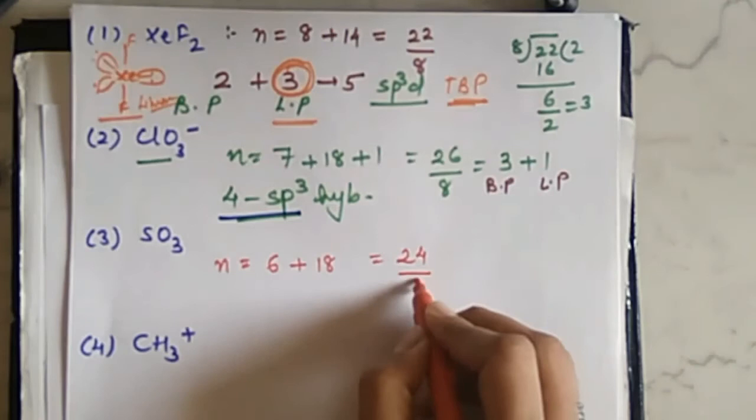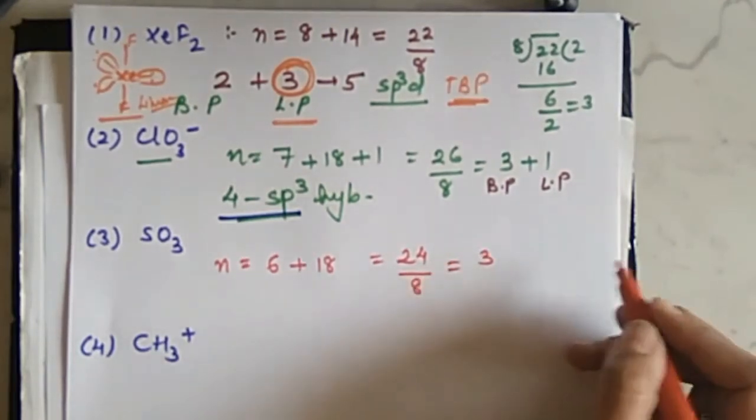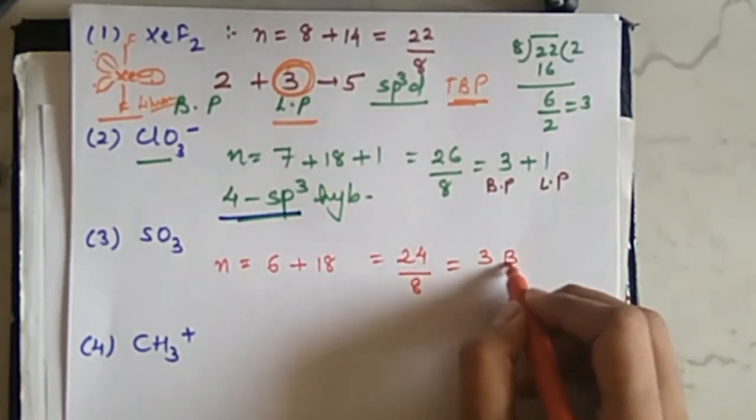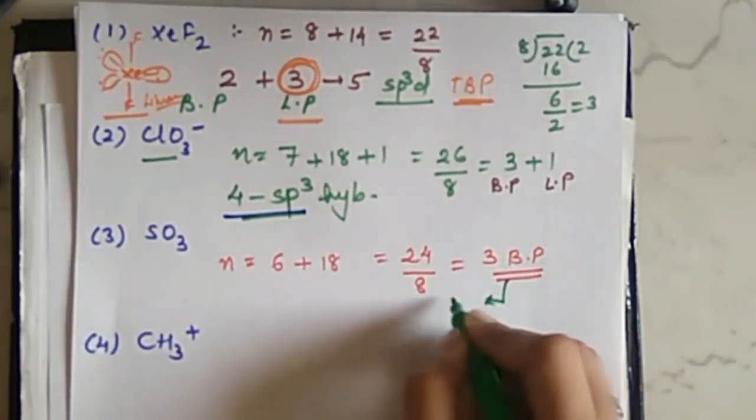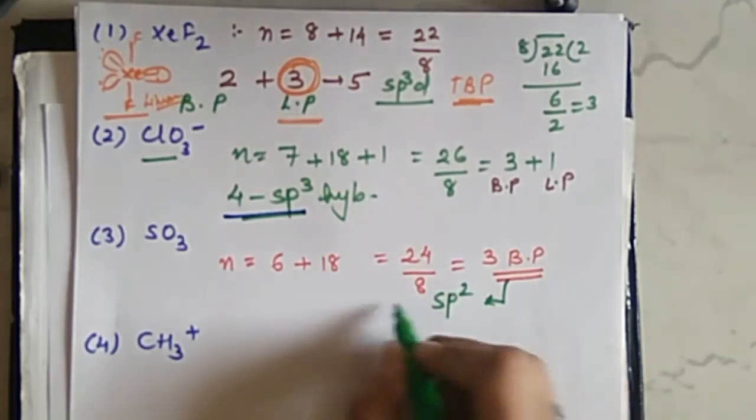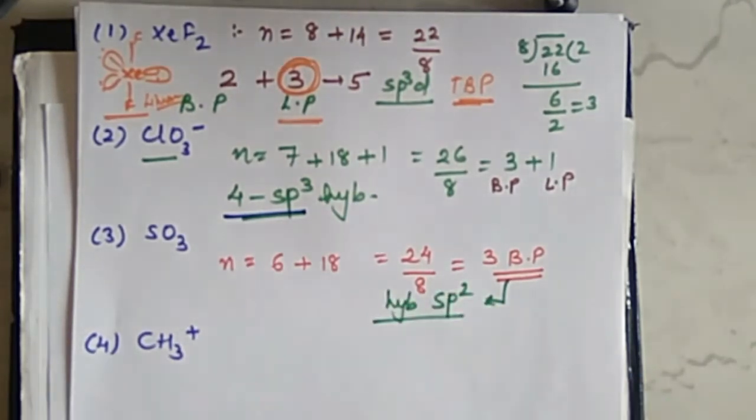So 24 divided by 8, we get 3. No lone pairs, so all 3 are bond pairs, and the total number of electron pairs is also 3. So it is a regular geometry, sp2 hybridization, trigonal planar.